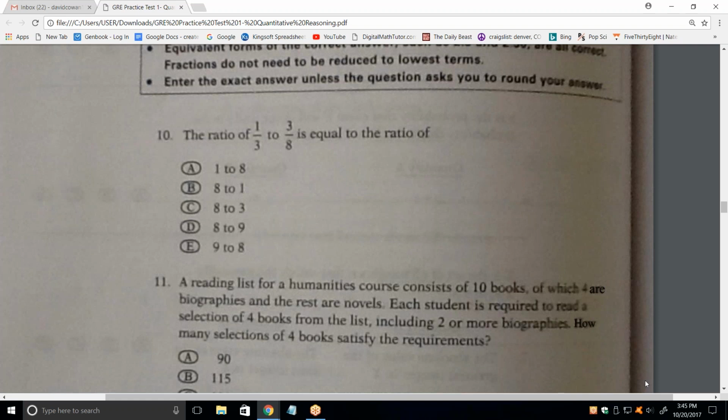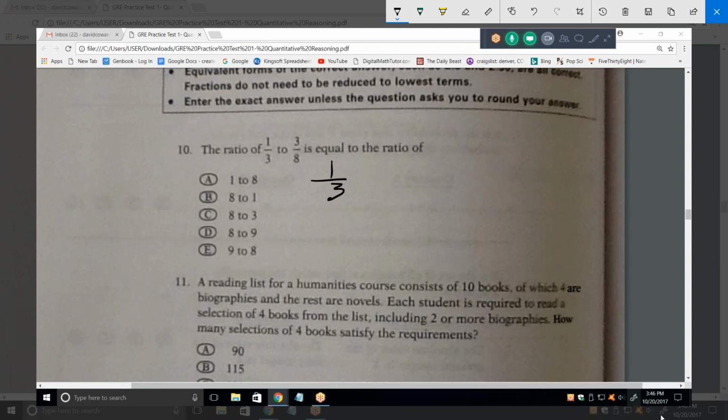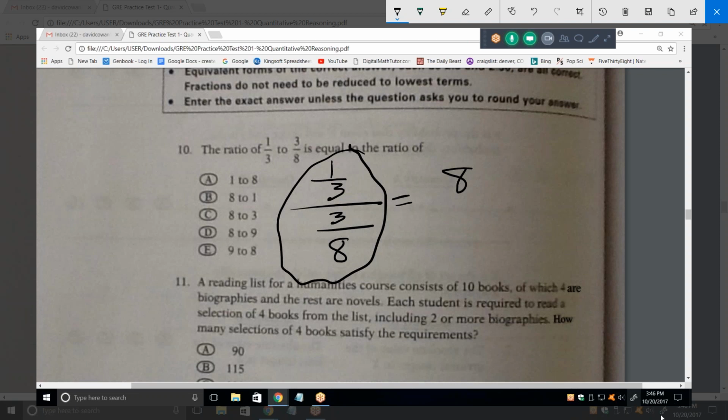I don't know what to do if I put 1/3 semicolon 3/8, but I do know what to do if I put 1/3 divided by 3/8. That's what the ratio of 1/3 to 3/8 really means. Well, how do I divide a fraction by another fraction? You invert the bottom fraction and multiply.